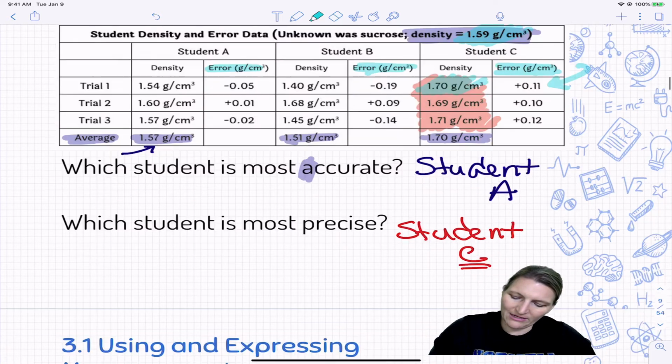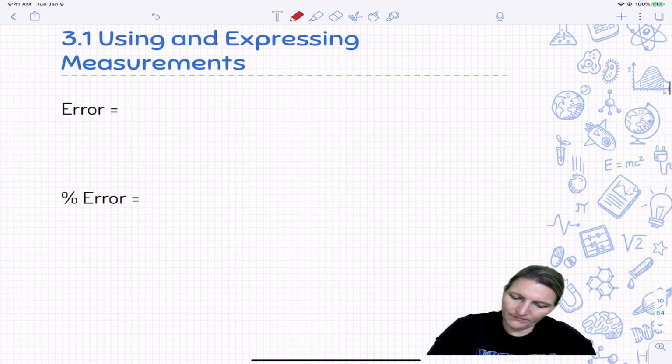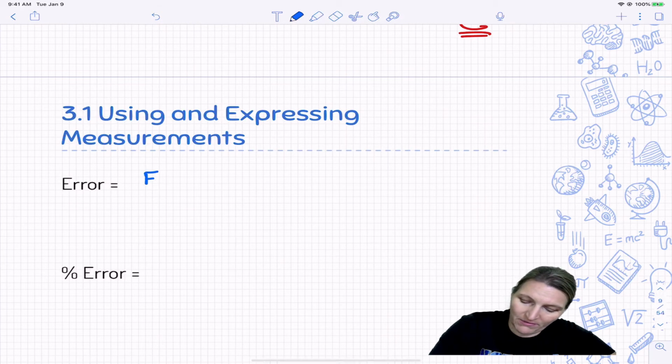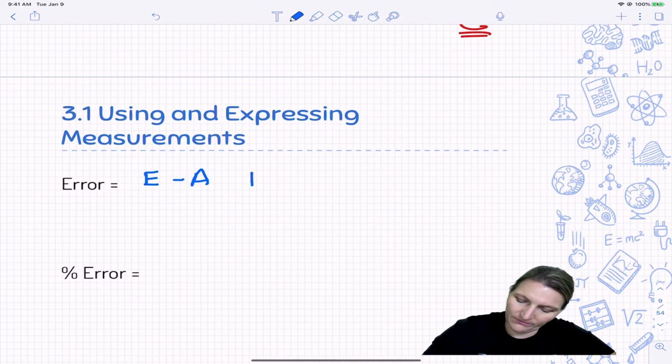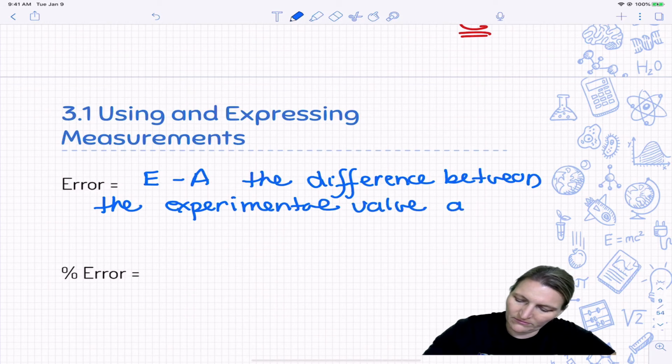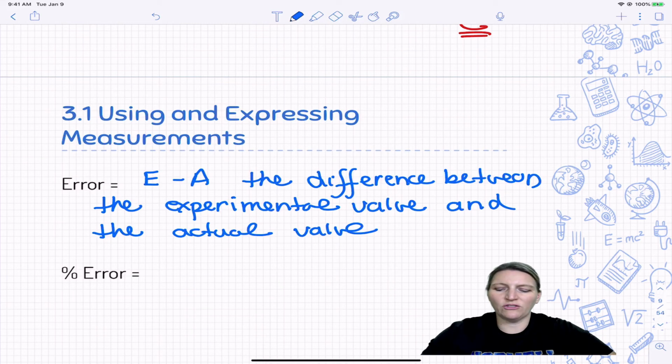So let's write that down. Error is the difference between the experimental value and the actual value. And so what do I mean by the experimental value?